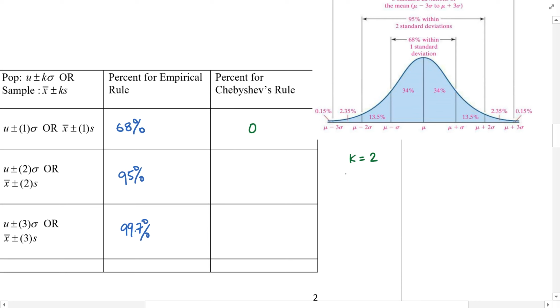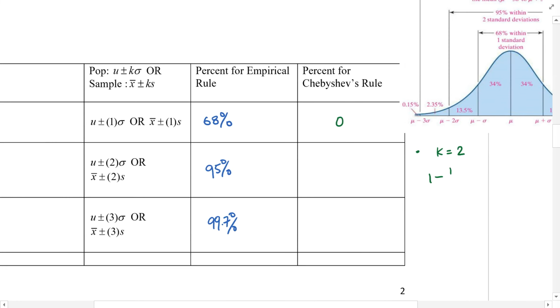I will have 1 minus 1 over k squared. K is 2, so 2 squared is 4, which is 1 minus 1 over 4, which is 3 over 4. 3 over 4 is the same thing as 0.75 or 75%.